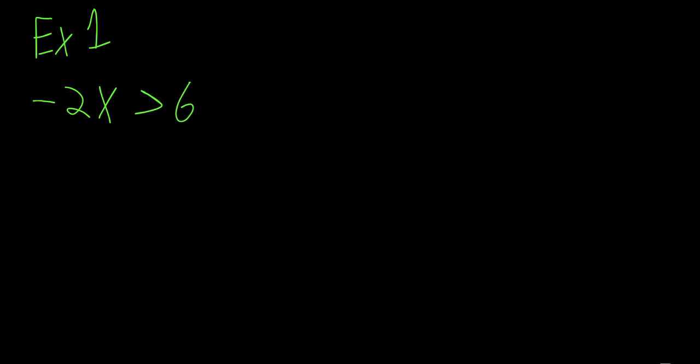Only with multiplication and division by a negative sign. So here we have a 1 step. So let's divide by -2 and divide by -2. Okay, we get x is less than -3. X is less than -3.